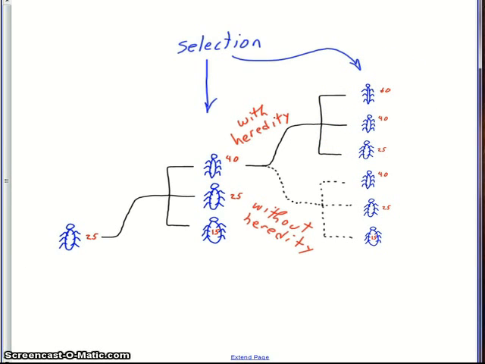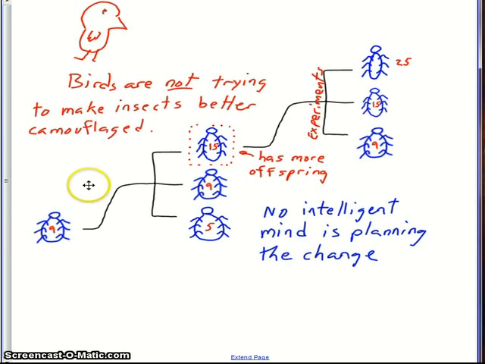And another important point, the birds here, the predators, the ones doing the selecting, they are not trying to make insects better camouflaged, right? If anything, the birds would like the insects to be worse camouflaged. But it's just this natural interaction. When the birds are eating the ones they see, they are leaving the ones they don't see to reproduce, right?